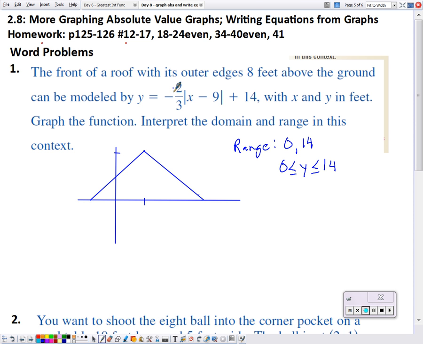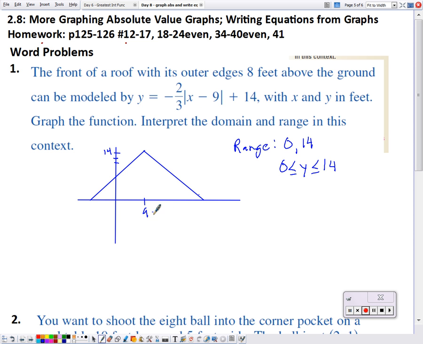So let's see. Negative 2/3. If we're up at 14, and this is 9, down 1, 2. So let's see. 14 going down 2 means we would go down 7 times, and across 3, so that would be 21 across. So what I did was I took the 14 and I'm going down 2 each time, so 14 divided by 2 gave me 7, and then I'm going across 3, 7 times 3 gives me 21.